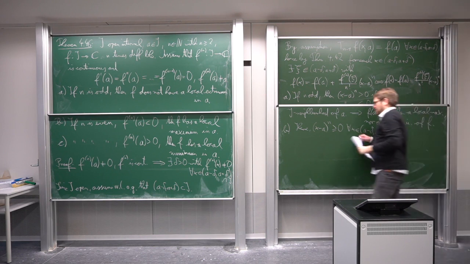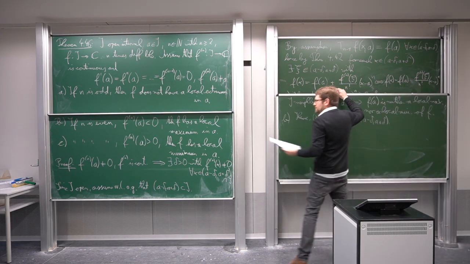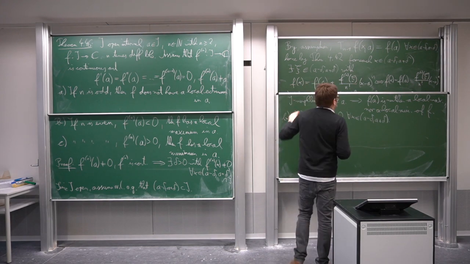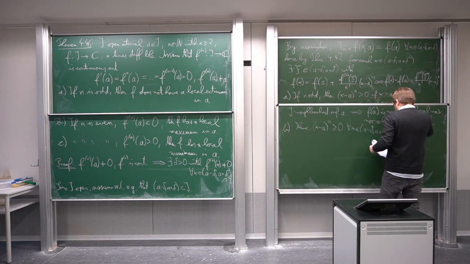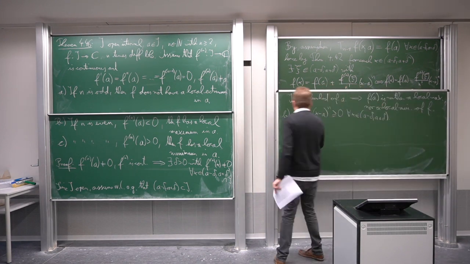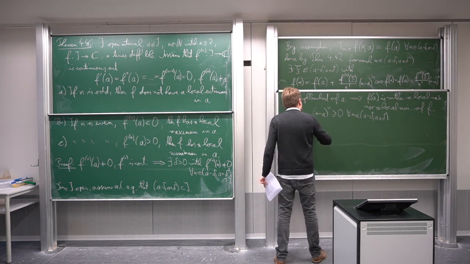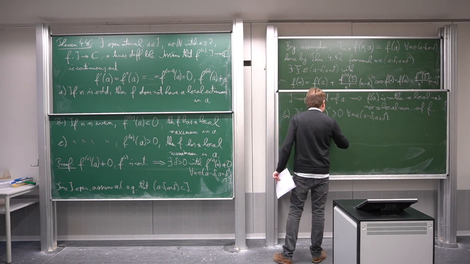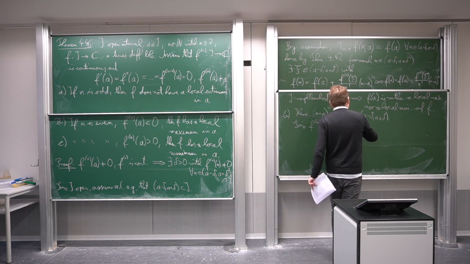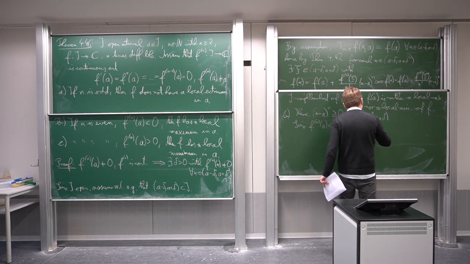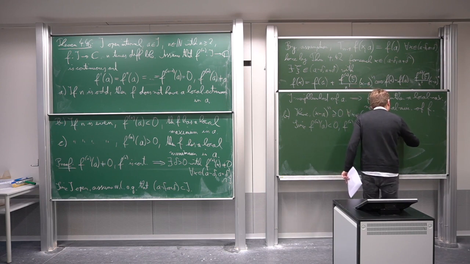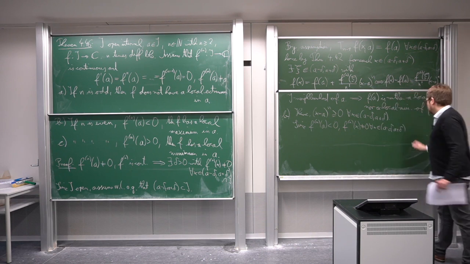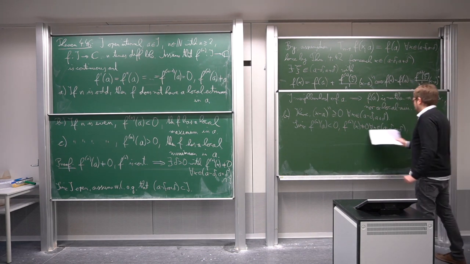So in part B, where we assume that the nth derivative of f at a is negative, and f n of x is non-zero for all x in this interval, it follows just by continuity that f n is negative everywhere in this interval.